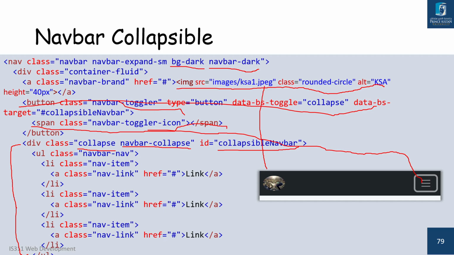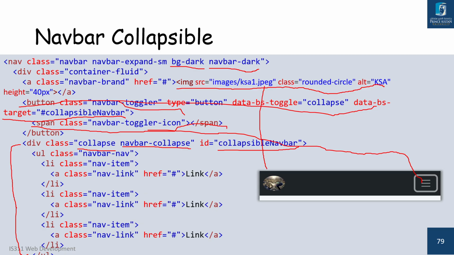Understand. And inside this part, when we are putting the link, we are telling inside this button what will happen. So if you look at that, the target, data-bs-target. So we are specifying this thing here, data-bs-target collapsible.